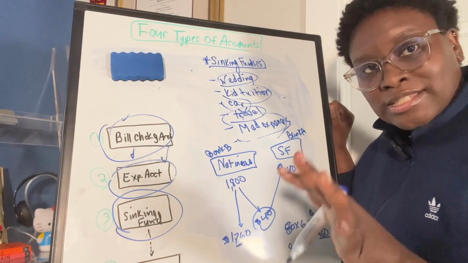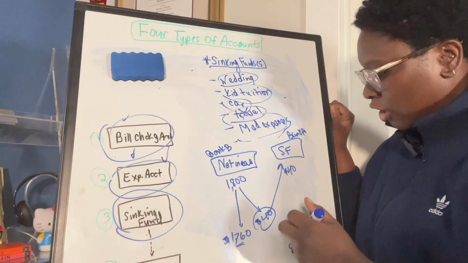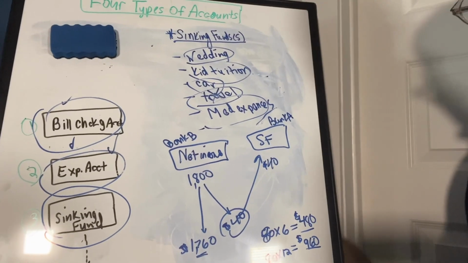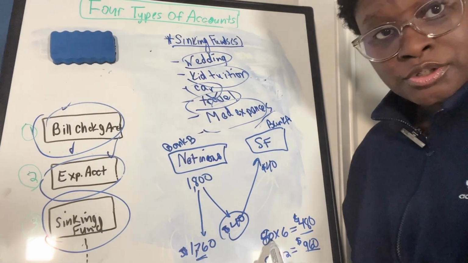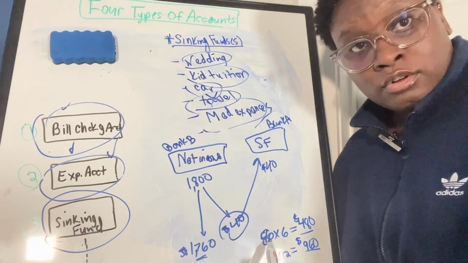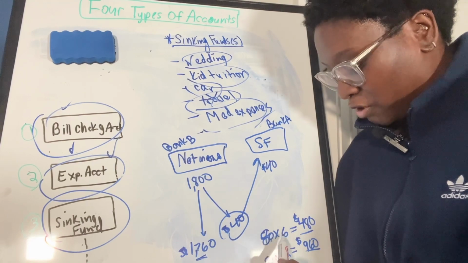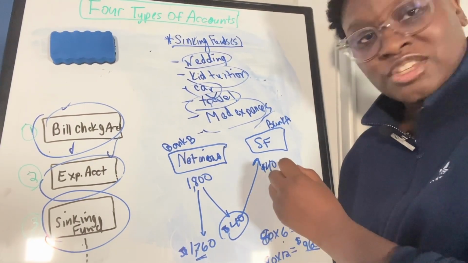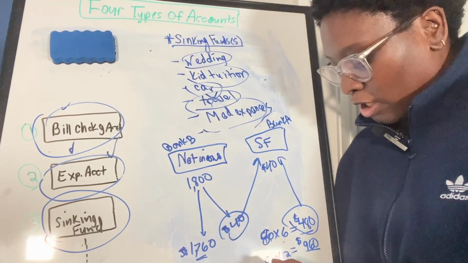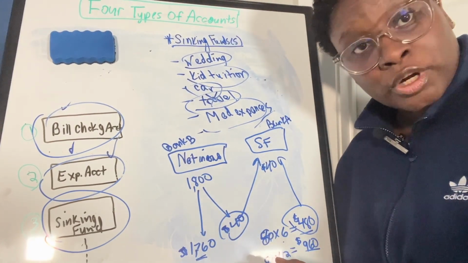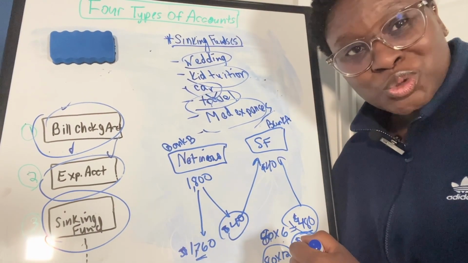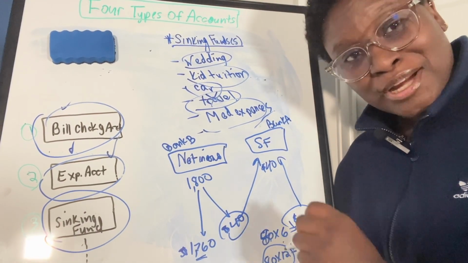I'm using this as an example if you get paid biweekly. So if you were to do $80 on a biweekly paycheck for 6 months, that's $480 that you have in your sinking fund. If you were to contribute $40 per paycheck for 12 months, that's $960.